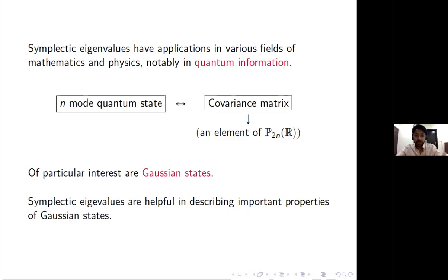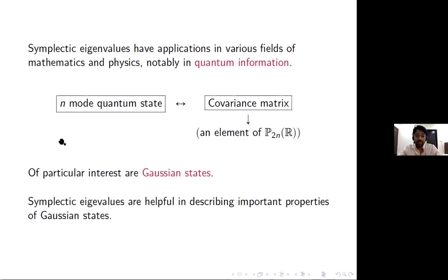In quantum information theory, an object of particular interest is the set of Gaussian states. It's because Gaussian states have nice mathematical formulations that give important properties associated with them. And in particular, symplectic eigenvalues are really helpful in describing various important properties associated with Gaussian states.